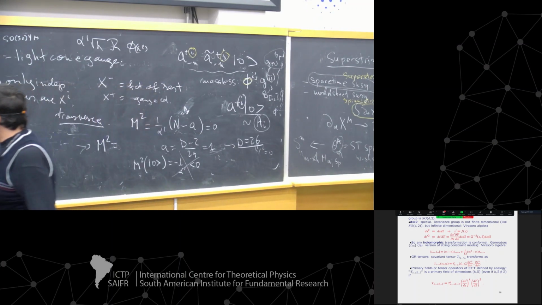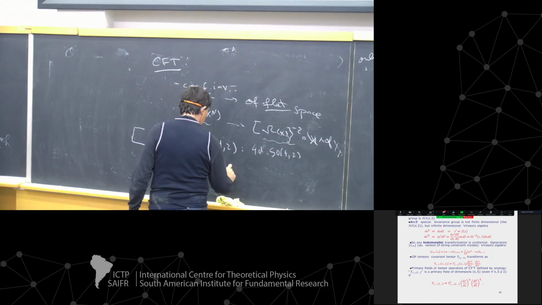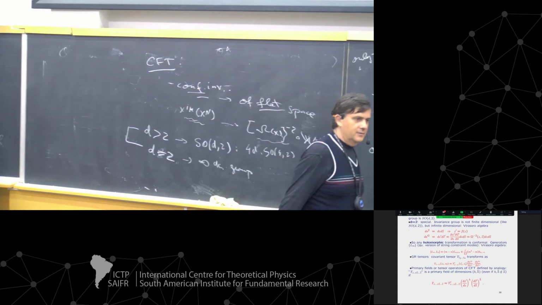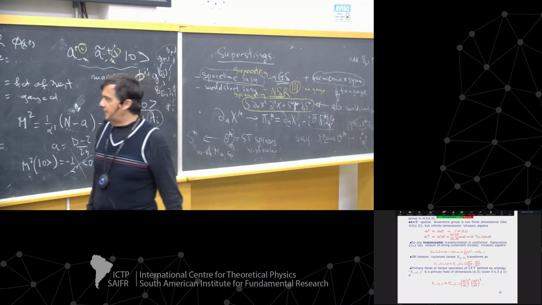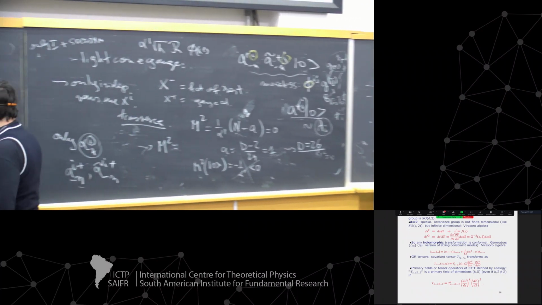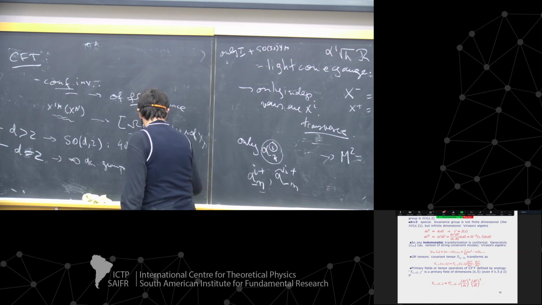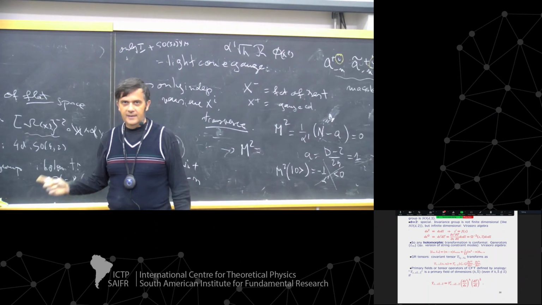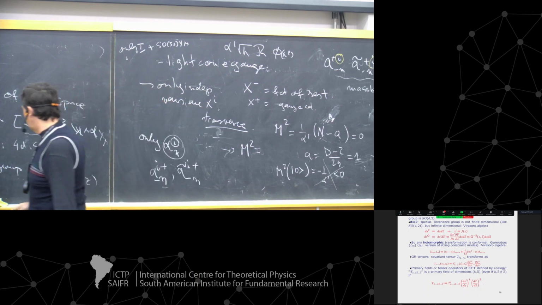But d equal to 2 is special because here there is an infinite dimensional group of transformations, namely the transformations which are holomorphic. So z prime is f of z, where z is complex, but not of z bar. Holomorphic.